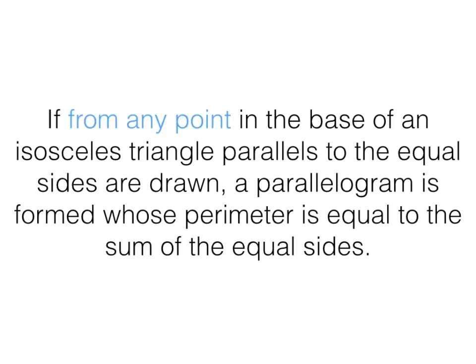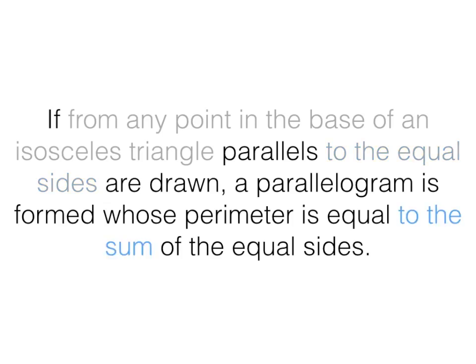So the first one is from any point. From is your preposition, and point is the object of the preposition. Next one is in the base. In is your preposition, base is the object of it. Then of an isosceles triangle. Of is the preposition, triangle is the object of it. Next one is to the equal sides.